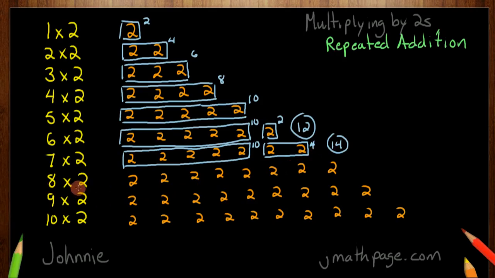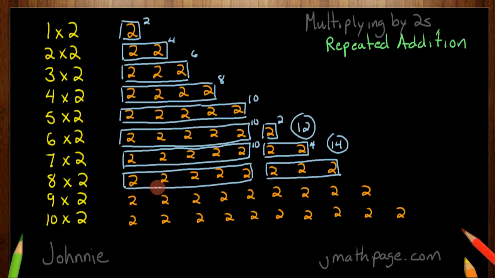What happens with the next one? Well, if I look at 8 times 2, let's go ahead and take our 10, because we like 10 so much. This is five 2's, but I need to have eight 2's, so I need to have the 3 more as well. So five 2's and three 2's. That's a way of thinking about it.